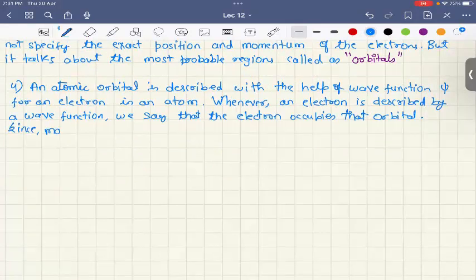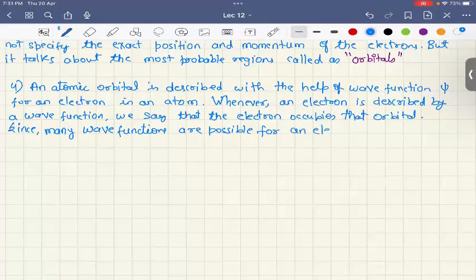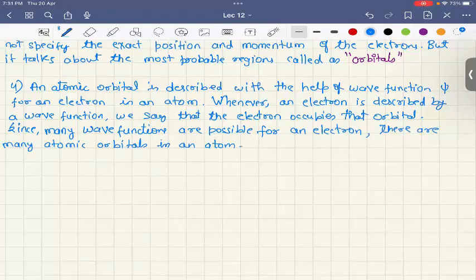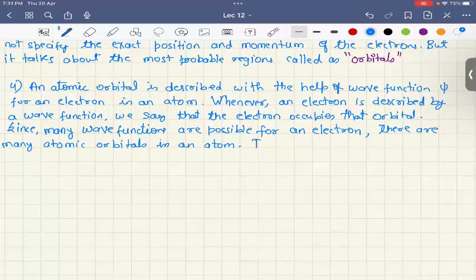Since many wave functions are possible for an electron, there are many atomic orbitals in an atom.